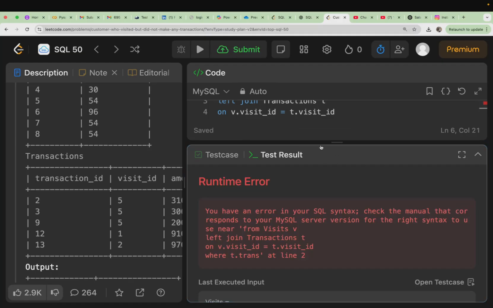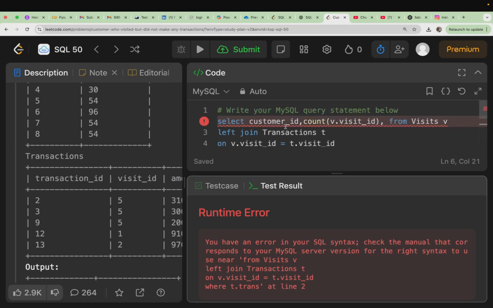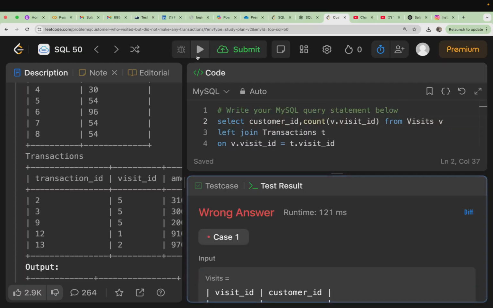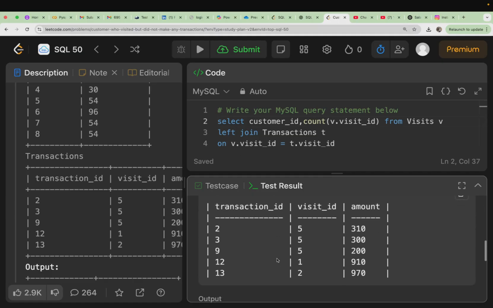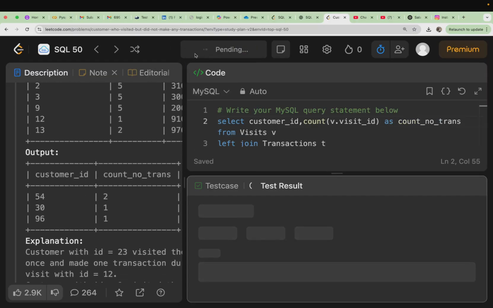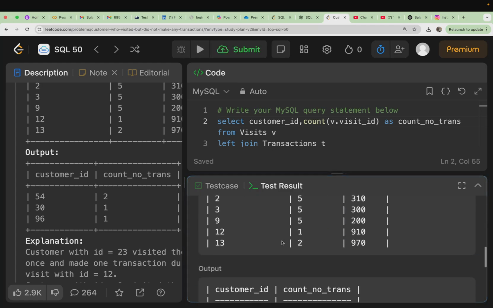Okay, we have an error. We don't need this comma. Okay, this is the missing alias error, so we need to call it count no trans. Now run it again. Okay, we got the output which we were expecting.